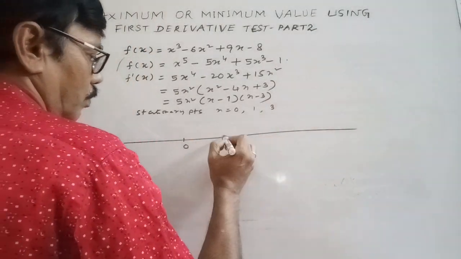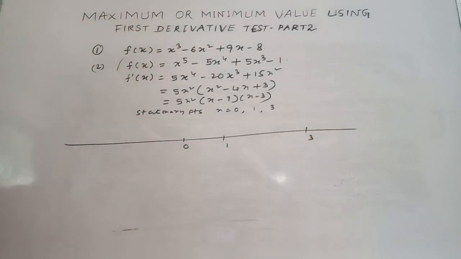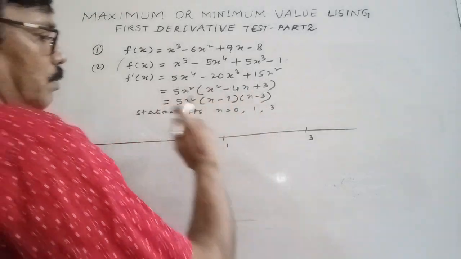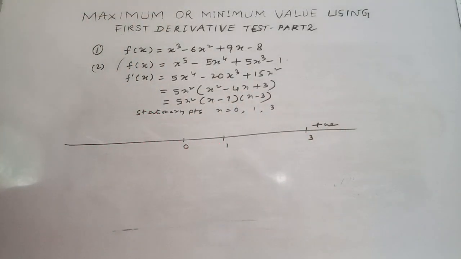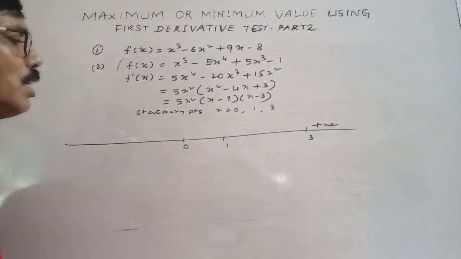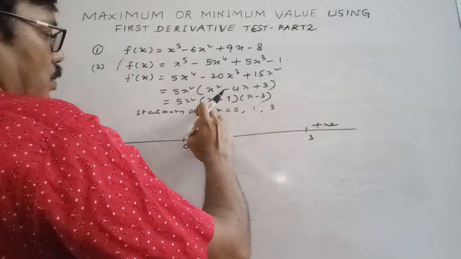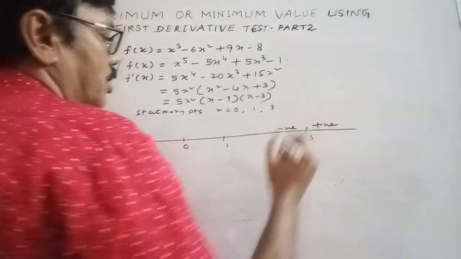Now draw a real line. This is 0, this is 1, this is 3. For greater than 3, all factors are positive, so this one is positive. For less than 3, suppose it is 2.5, it is positive, positive, negative, so this one is negative.